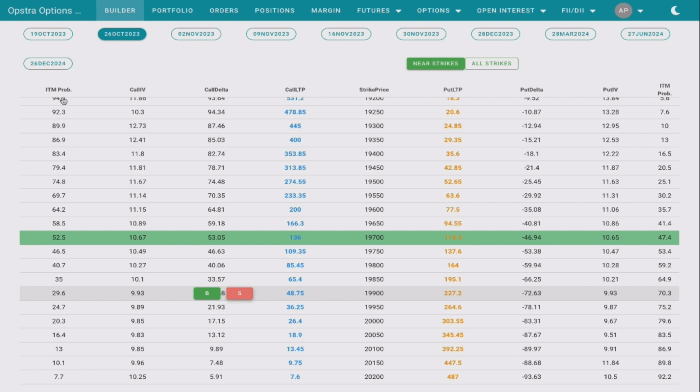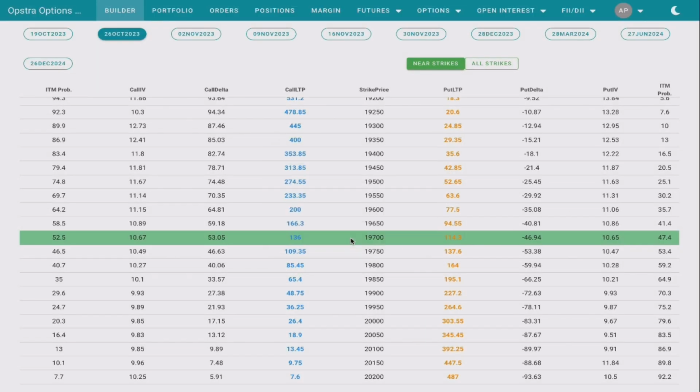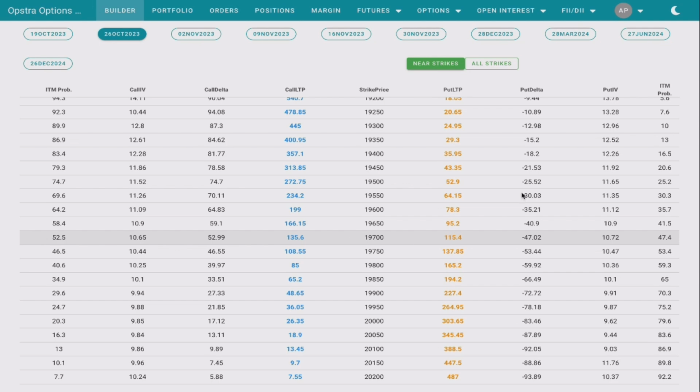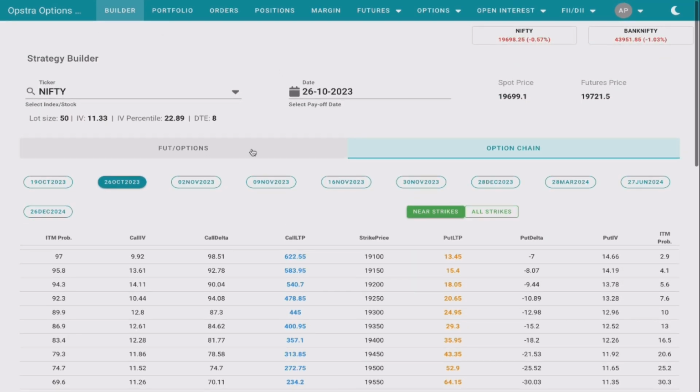Now, the in the money probability for this strike price is 29.6%, which means the out of the money probability, the probability that the market does not go beyond 19,900, is 70%. So when we add this position, the short call position on the 19,900 call for 26th October 2023 for the Nifty, this is what it looks like.